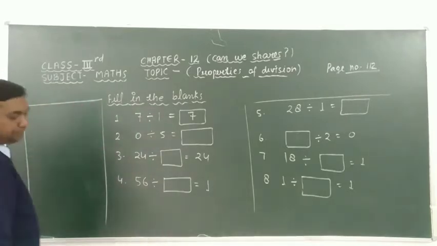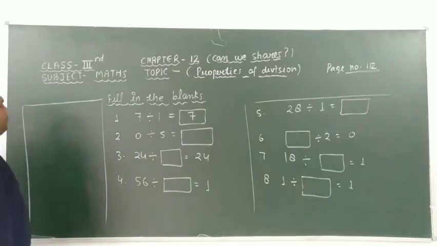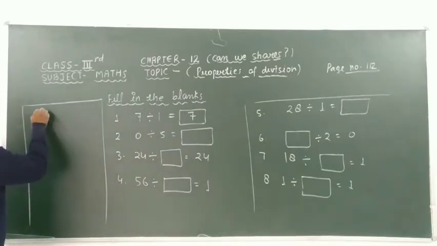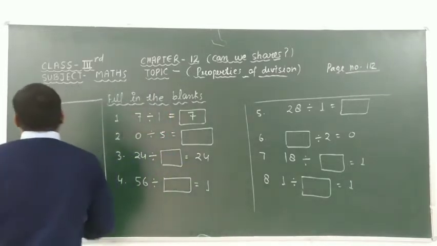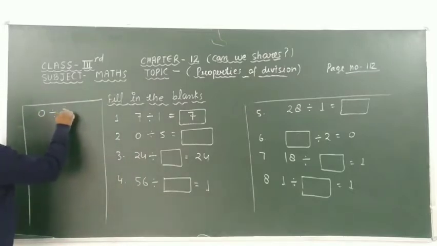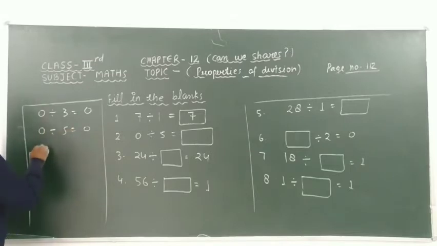Students, look at here carefully. If we have to take the division of 0 by any other number, then we get 0.